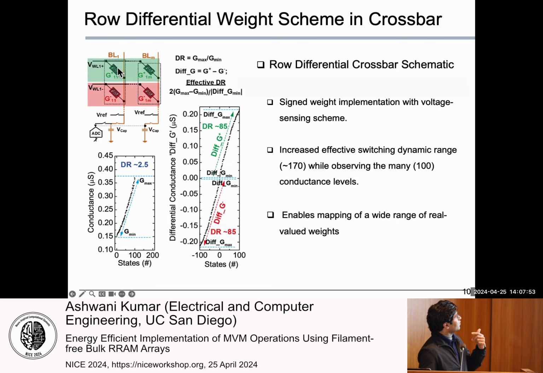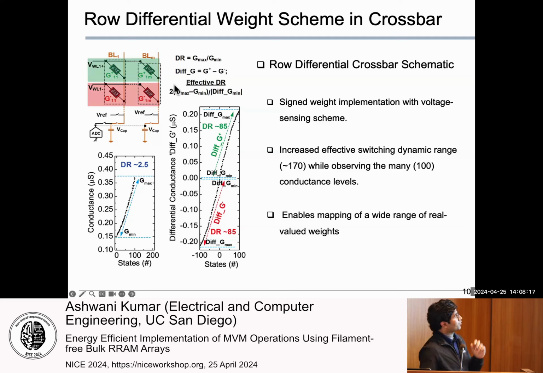The green device is in a low resistance state and the red device is in a high resistance state, so we can call them LRS and HRS. If we apply a positive voltage on the green and a negative voltage on the red, it represents a positive weight. If we do vice versa, it represents a negative weight. So with the row differential scheme, we can represent both positive as well as negative weights.